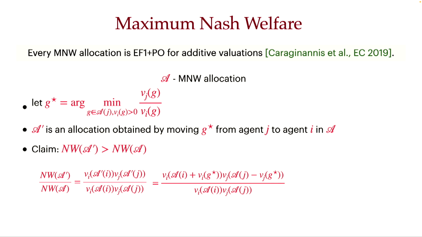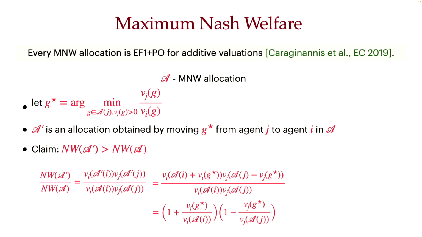How are you adding valuation to allocation? One bracket is missing, the bracket is just misplaced. There should be a bracket here and one bracket here also, that is it. Do you agree with this? So, now we wanted to show that this is greater than or equal to 1, which is equivalent to showing that this is greater than or equal to 1, right.